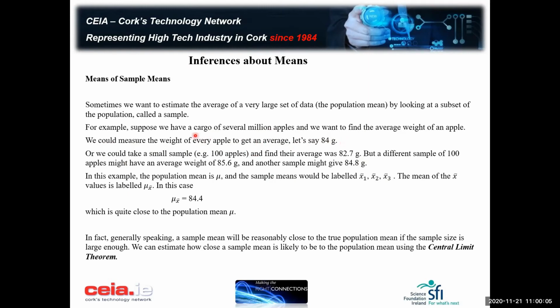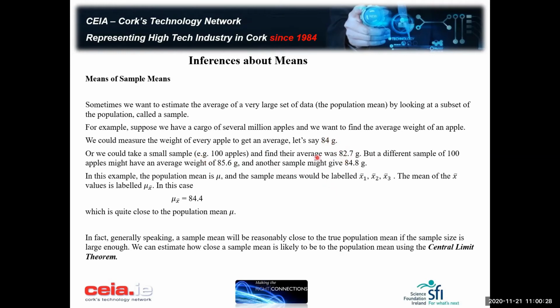So more typically, you take a sample of, say, 100 apples and weigh them and find the average weight was something, let's say 82.7, which should give you a fair estimate of what the real average is, but because there's going to be some randomness in your selection of the sample, it's not exactly the same.